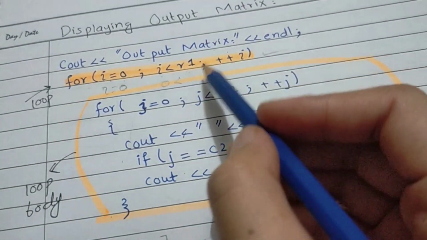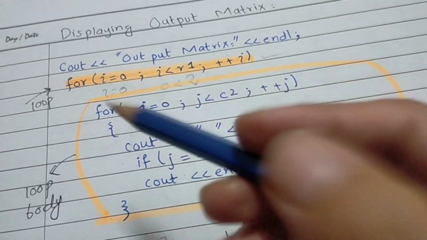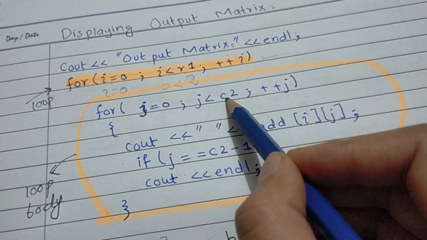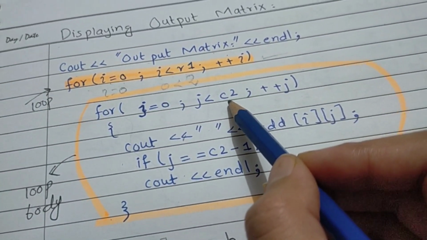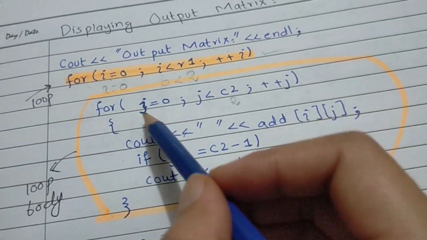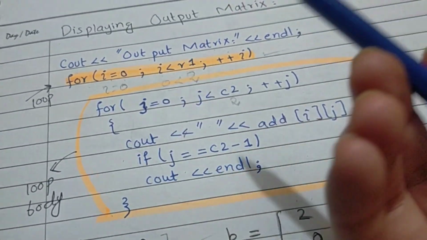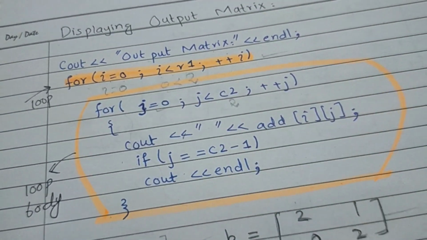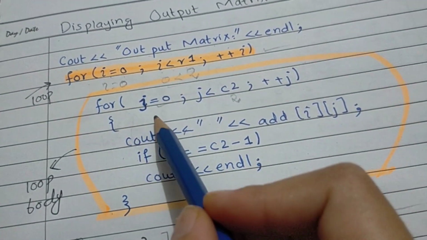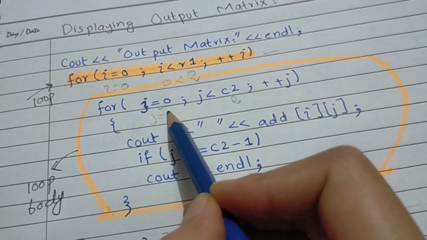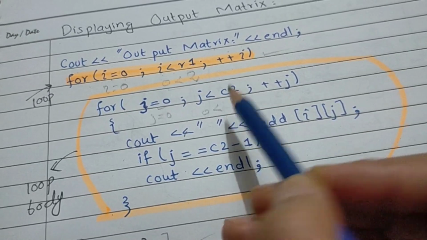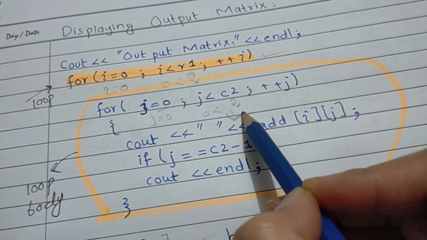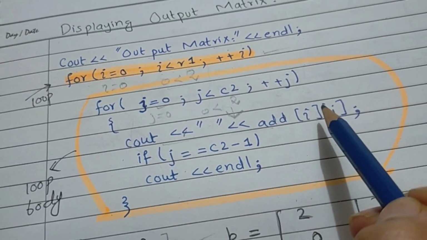We consider R1 as 2, like 2 rows, and of course the column of the second matrix is also 2, and the condition here is true, so this statement will be executed. And here j is equal to 0, and 0 is less than 2. Yes, so this is true, so now this statement will be executed.